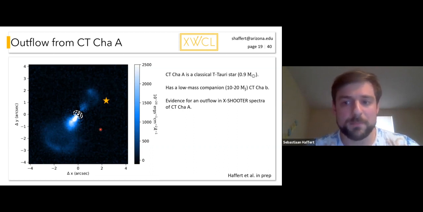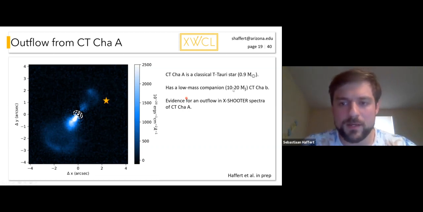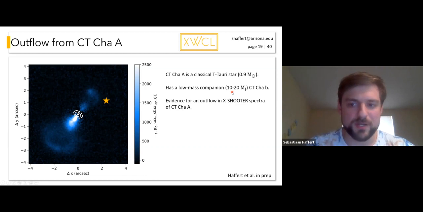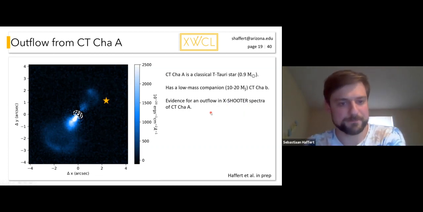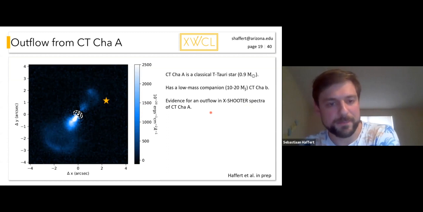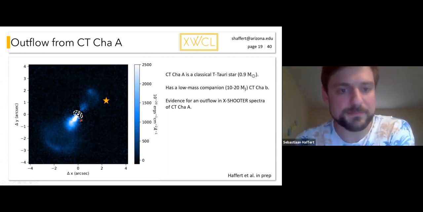It also has a low mass companion, CT-Cha-b, which I've indicated its rough position with the yellow star. That's a 10 to 20 Jupiter mass companion. There has been evidence already for the outflow in earlier X-shooter spectra of CT-Cha-a, where they detected oxygen emission. But the outflow itself has never been detected.